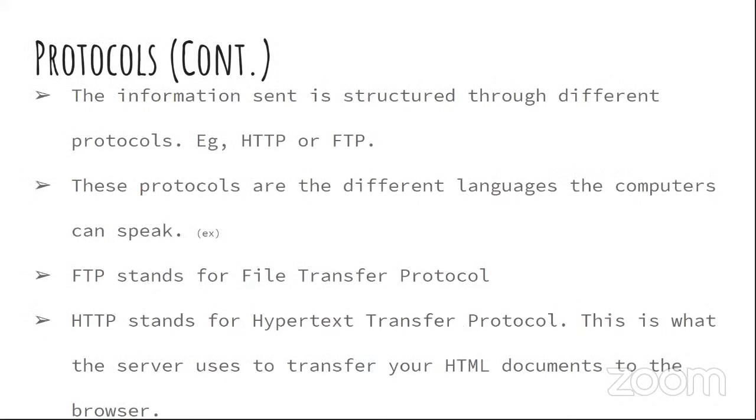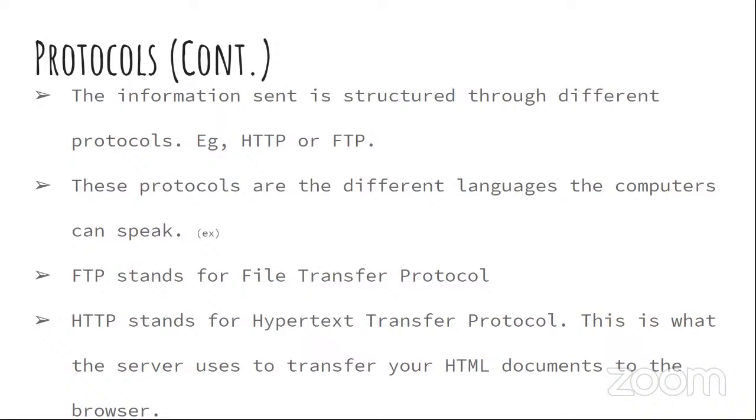So the information sent is structured through different protocols. For example, we have HTTP or FTP. These protocols are the different languages the computers can speak. I use an example of two Nigerians trying to speak with each other. If one speaks Igbo and the other speaks Yoruba, how would an Igbo man and a Yoruba man communicate?